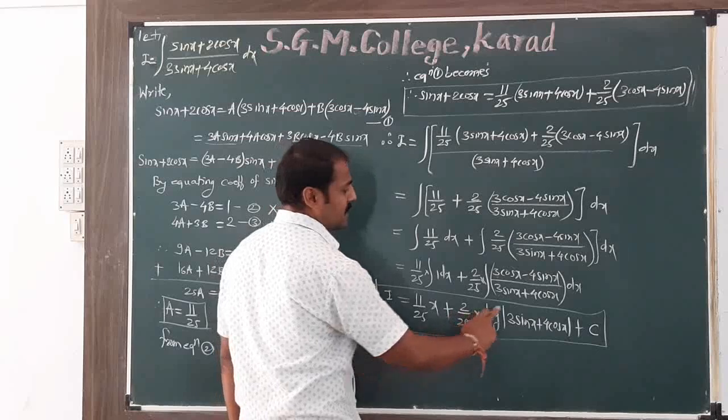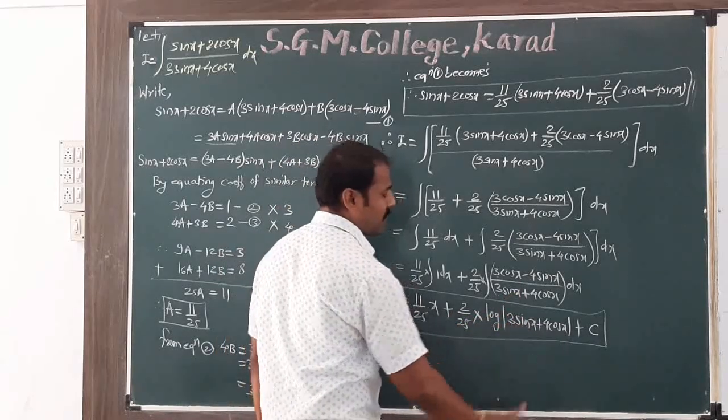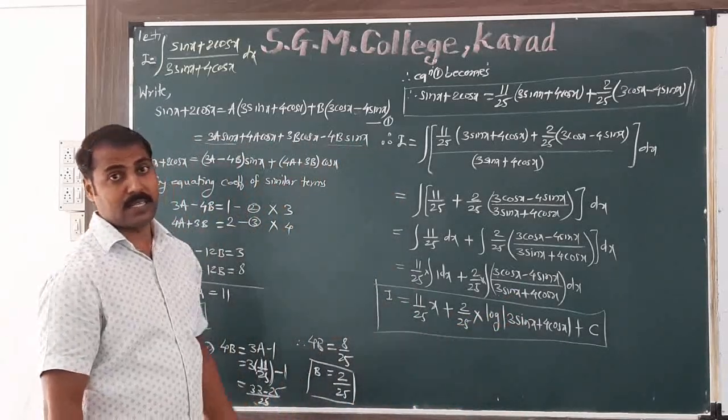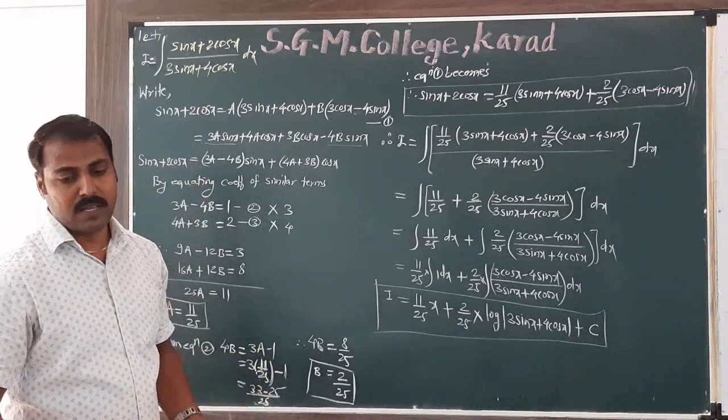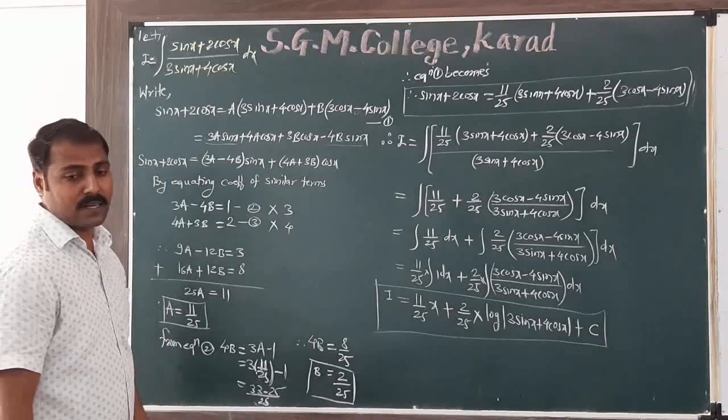Integration of one is x and integration of f dash of x divided by f of x dx is log of mod of f of x. It's a very simple example.